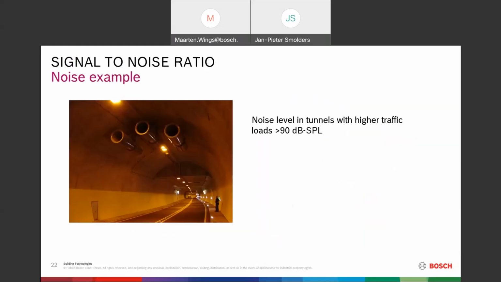So it's important to know what your noise level is. I have a recording of noise in a tunnel, where you can have high traffic loads, and also, like you see here, the ventilation on the top. They also produce noise, so that can go up to more than 90 dB SPL.